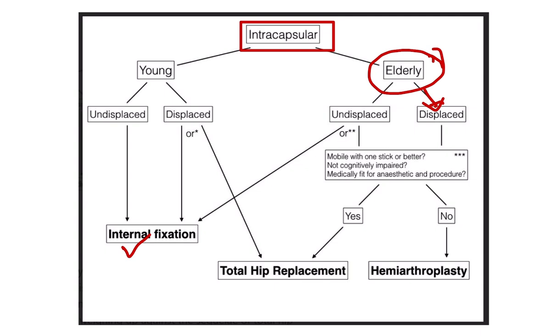But here we should keep in mind that the patient should have no cognitive impairment and be medically fit. In case of fit patients, they go for total hip replacement. If the patient is not physically fit, is taking different types of drugs, has different comorbid conditions, and is not able to work regularly, in this condition go for hemiarthroplasty.